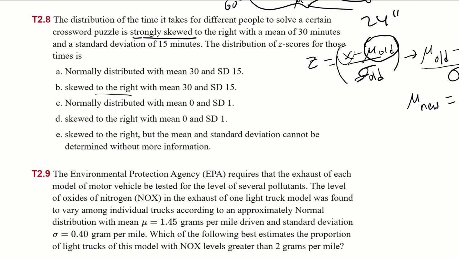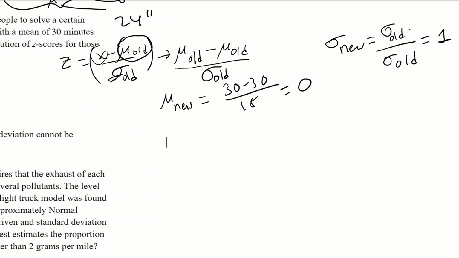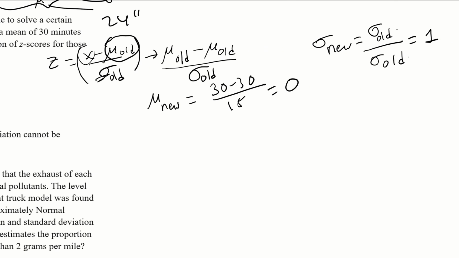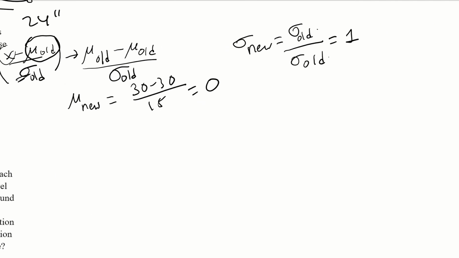It is going to be skewed to the right with a mean of 0 and a standard deviation of 1. Okay? You just have to understand transformations at the end of the day. The shape remains intact. However, the mean gets affected by addition, subtraction, multiplication, and division. The spread does not get affected by addition, subtraction, but it does by multiplication and division.